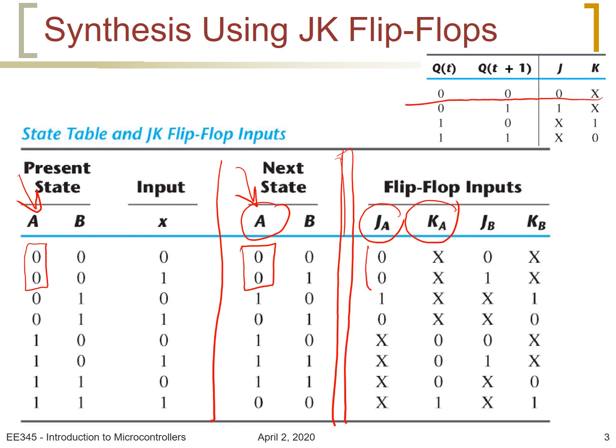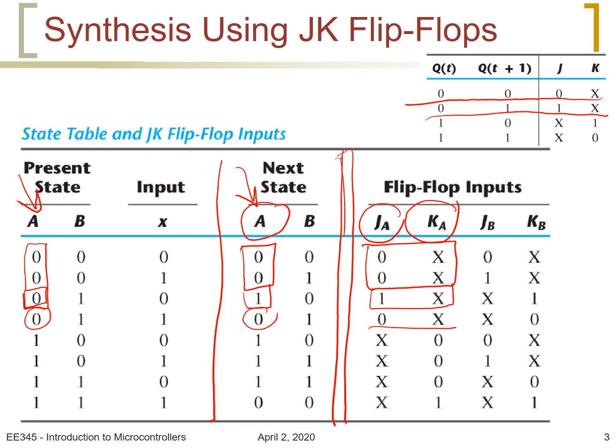So we write J is 0 and K don't care. And next, if A was 0 and it became 1, JK are 1 and x. So we write 1 and x here. And so on we continue. 0, 0, we have done it here, 0x.